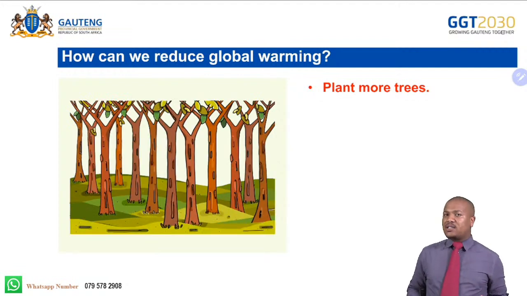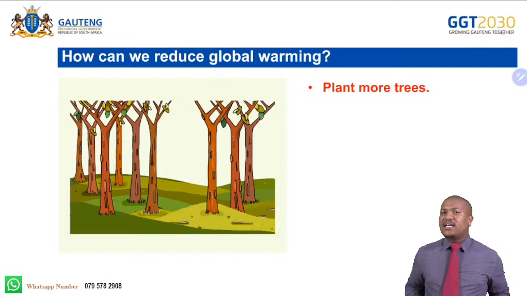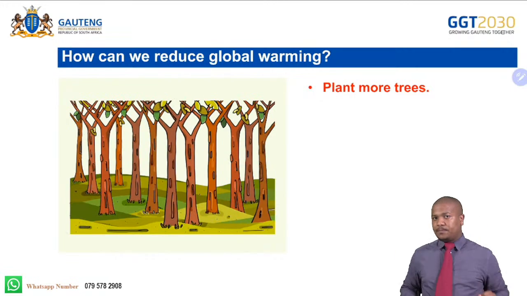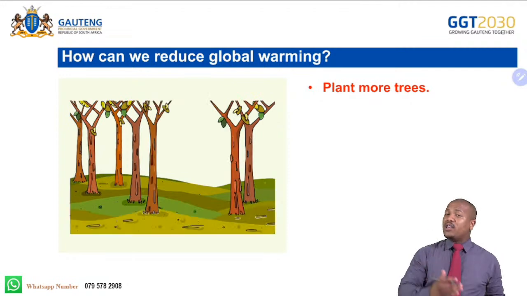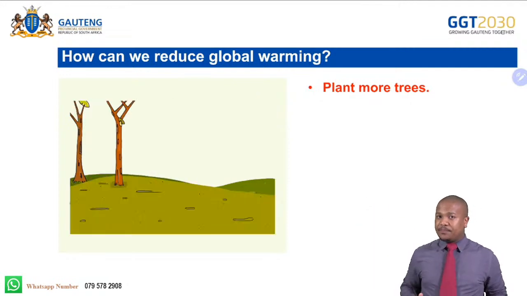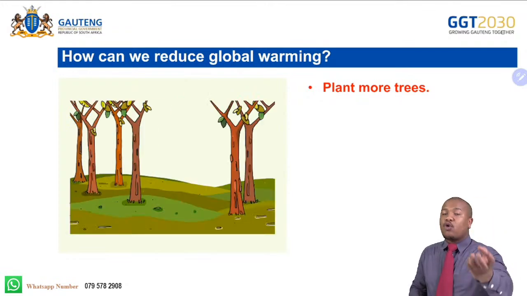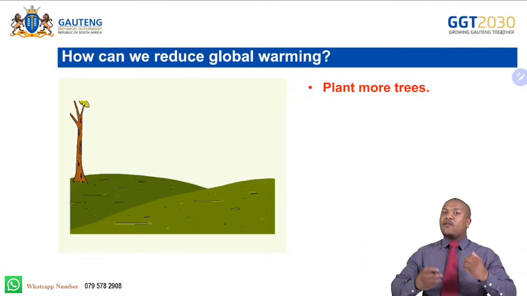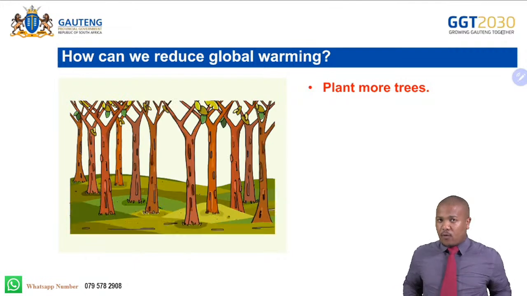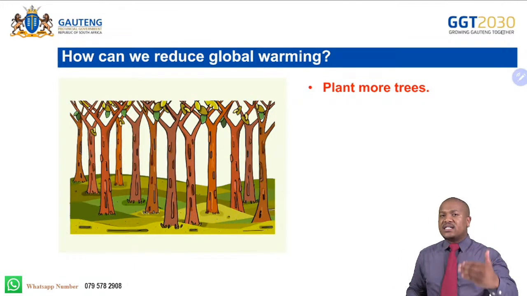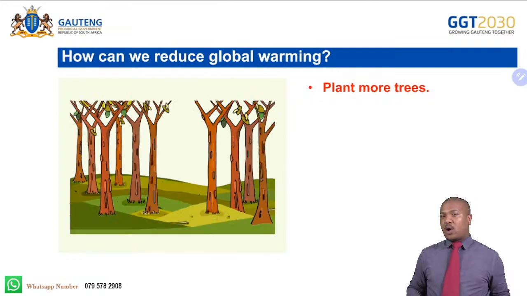They are plants, right? They rely on carbon dioxide to make their own food. So if we have more trees, the more these trees are going to absorb the carbon dioxide for manufacturing their own food. So it gives the atmosphere less carbon dioxide than usual, right?